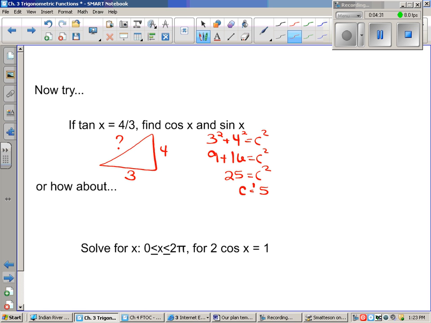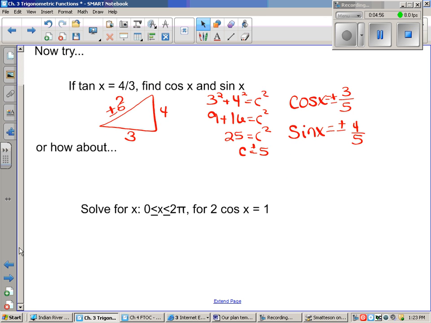But don't take for granted the fact that it is in fact plus or minus, because you did still have to do that square root, despite the fact that you could do it in your head. So if I asked you for the cosine of x, that would be adjacent over hypotenuse, so plus or minus 3/5. And the sine of that same angle would be opposite over hypotenuse, which would be plus or minus 4/5.